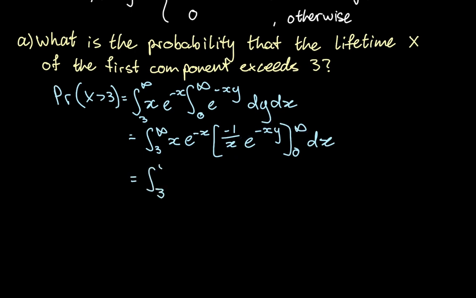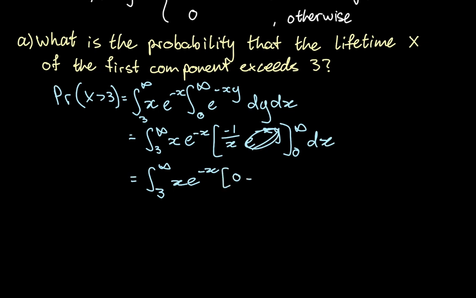Okay, so I go from 3 to infinity x e to the negative x. If I substitute in infinity here for y, we'll have e to the negative infinity essentially, although obviously you can't get that, but we'll have e to the negative y as y approaches infinity, and that'll approach 0.